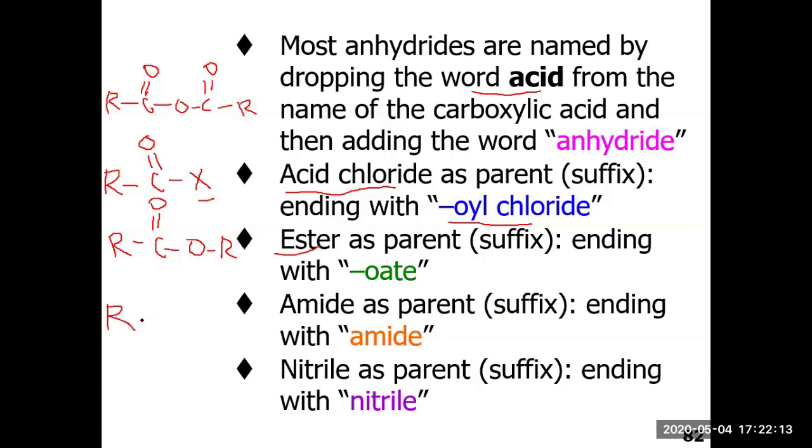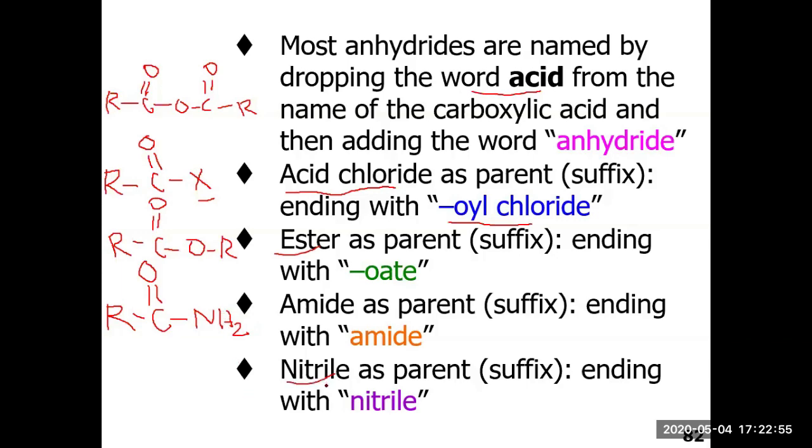For an amide, we have the acyl group, and in the acyl group, the carbonyl carbon is attached to a nitrogen, and this nitrogen can have a hydrogen, or this nitrogen can also have alkyl groups in lieu of the hydrogen.